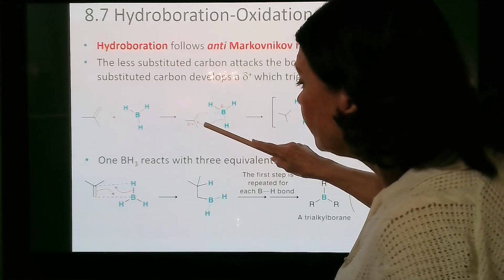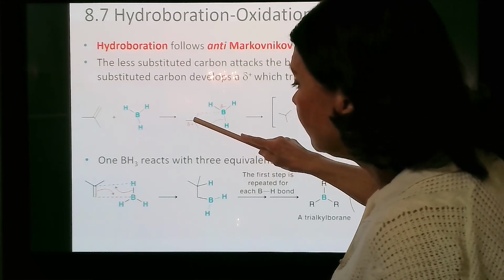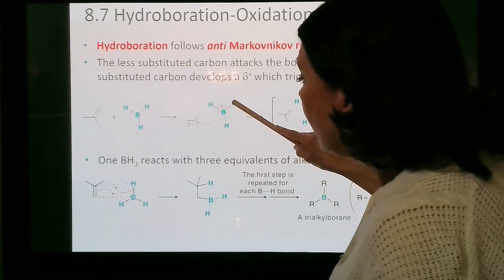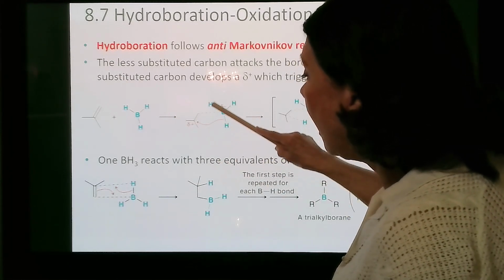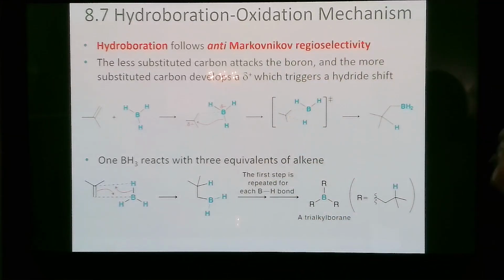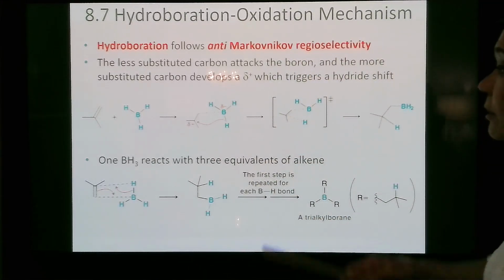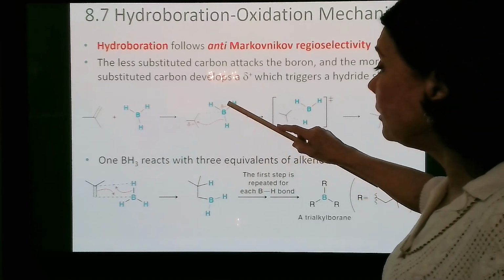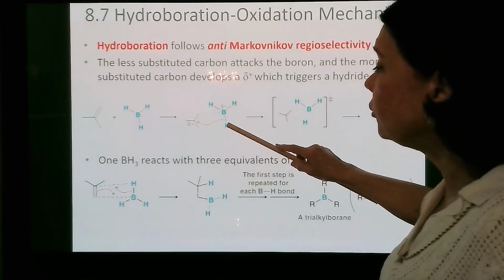As it reacts, you're going to have a partial positive charge generated at this carbon, and each of these 3 hydrogens is bearing a partial negative charge, because boron is sort of like a metal, and so it's donating its electron density onto the hydrogens.